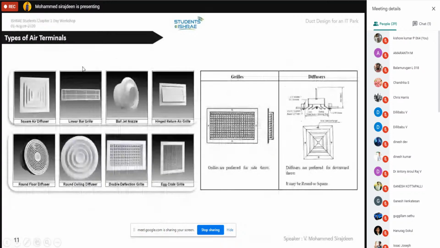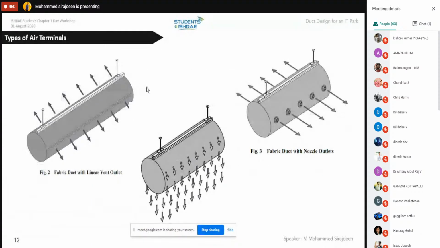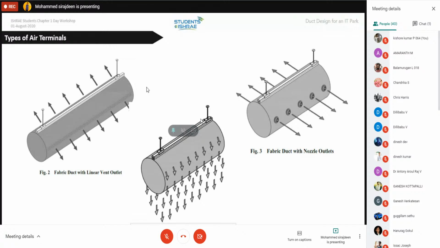Then we have seen these air terminals for square ducts or rigid ducts. You may ask, is the same applicable for fabric duct? No, fabric duct is different. The fabric duct manufacturer will provide the nozzles or air terminals, and they come with the duct itself.